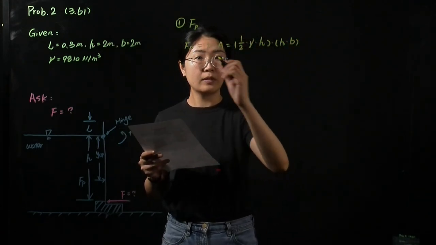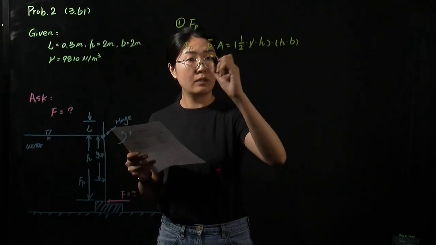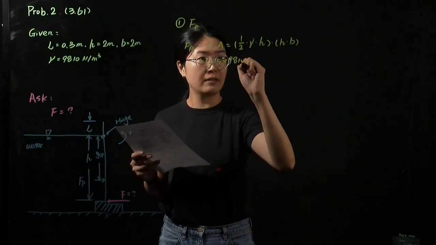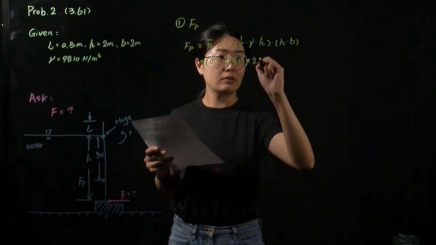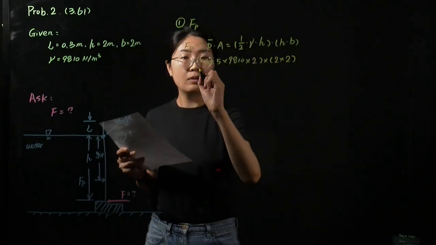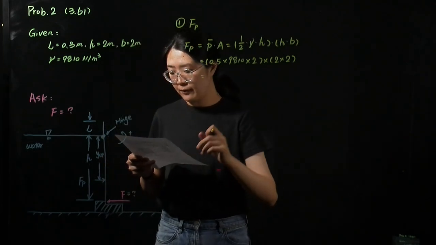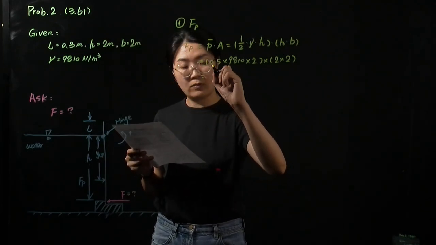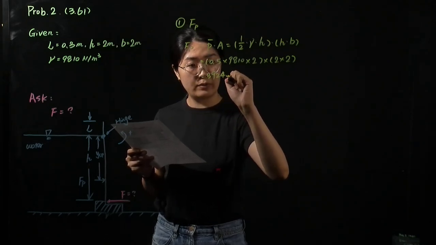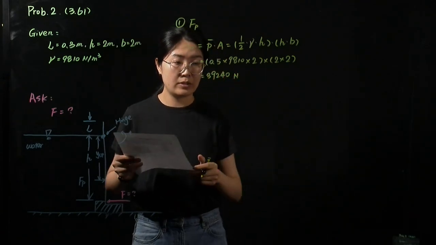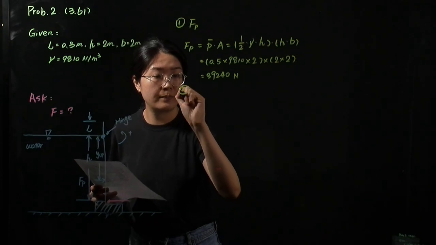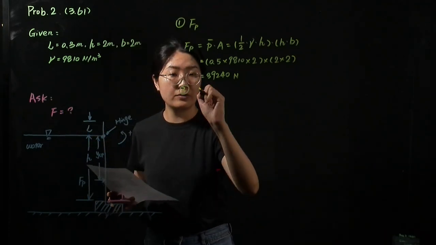So it should equal 0.5 times 9,810 times 2 meters, and then times 2 meters times 2. So we get the hydrostatic force, it equals 39,240, which is in Newton. Okay, so the next step, we can calculate the force.